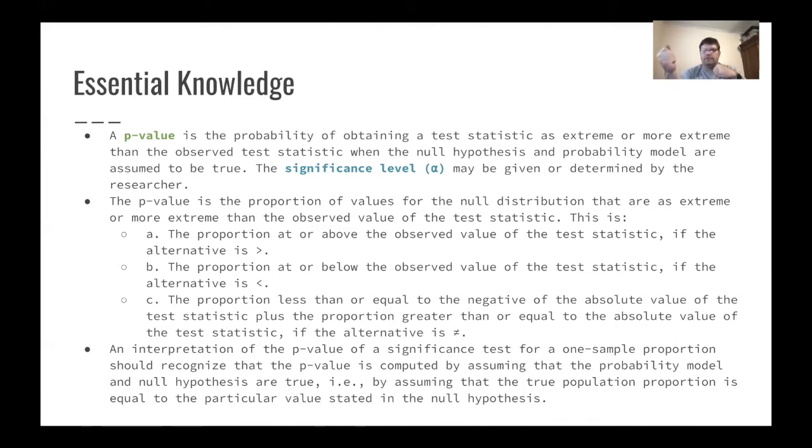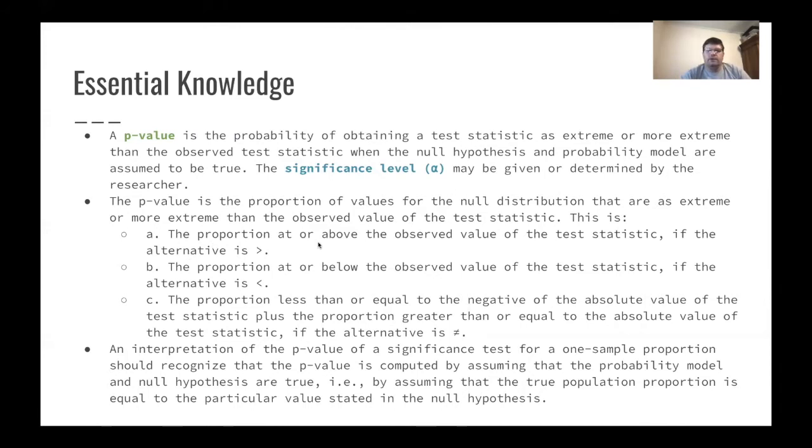So we assume the null is true, and then ask what was the probability of us getting what we got in our results? If that p-value falls within a certain threshold, then we'll be able to make a decision. Wherever it falls, we'll make a decision.